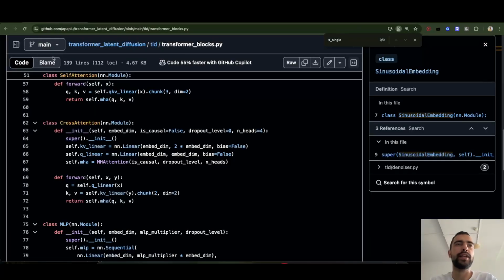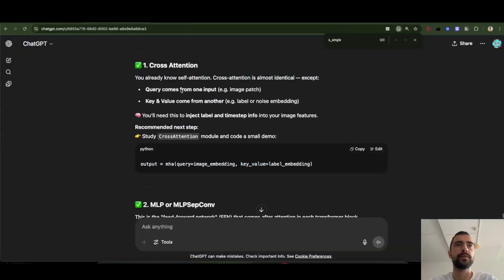So let's take a look at cross-attention. You already know self-attention. Cross-attention is almost identical, except the query comes from one input, for example, image patches, and the key and value come from another, for example, the label or noise embedding, the text or the noise embedding. You'll need this to inject label and timestep information into your image features.